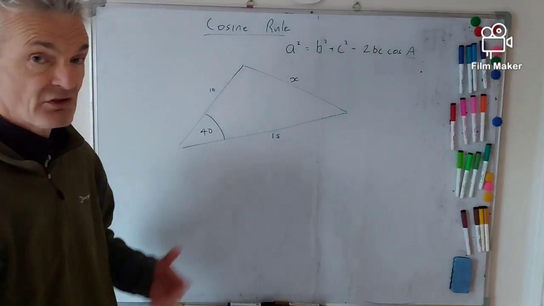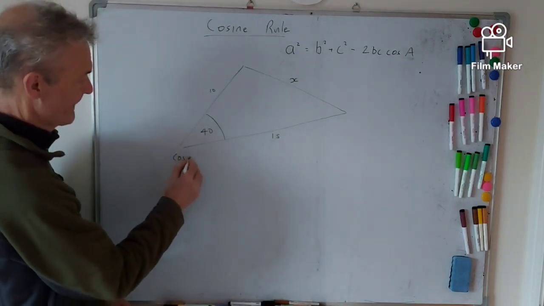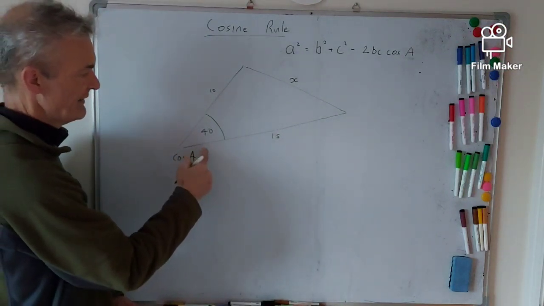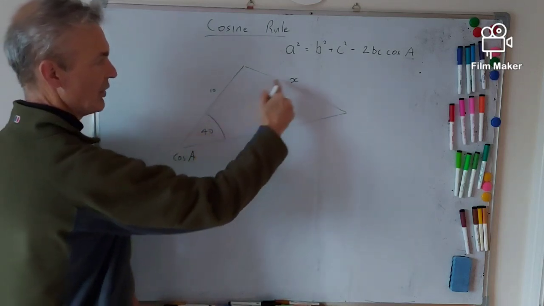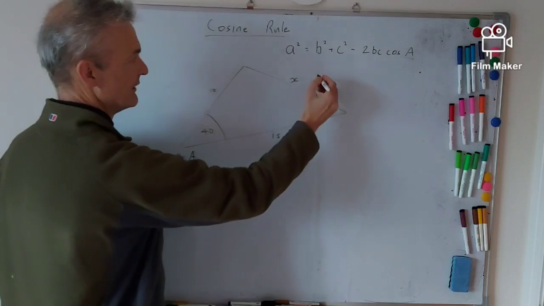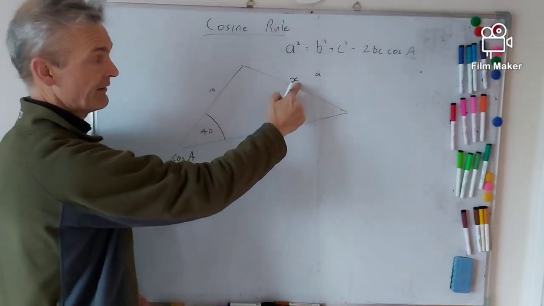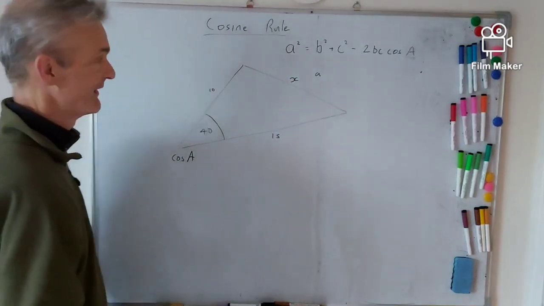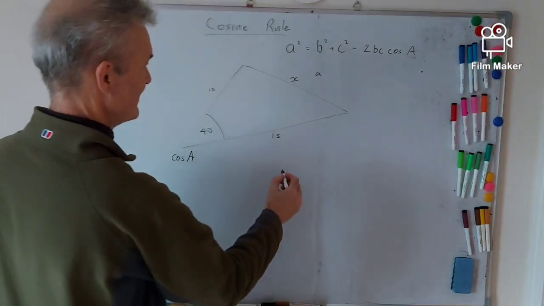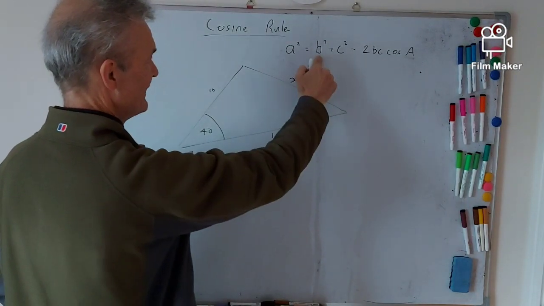All we need to do is plug the information in. This over here is cos A. And remember, when we're labelling up the triangles, opposite the angle is side A. So this is the x value we're looking for, so x is A in effect. So I'm going to put x squared equals b squared.